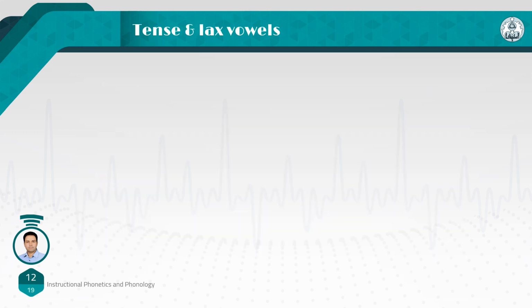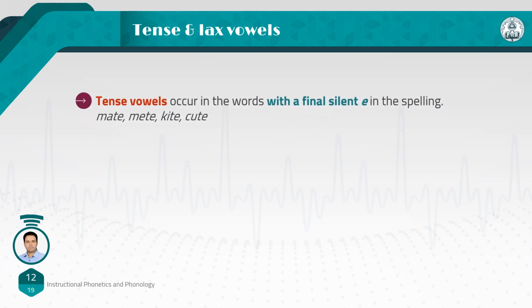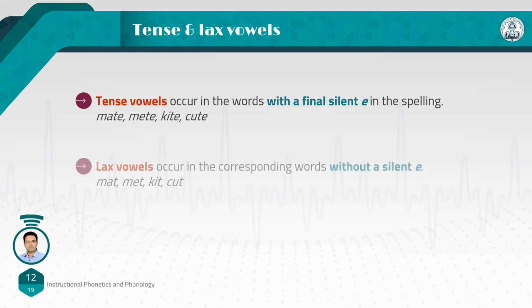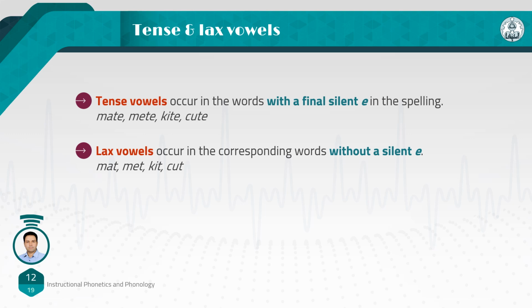Tense and lax vowels. Tense vowels occur in the words with a final silent E in the spelling, like, for example, mate, meet, kite, cute. Lax vowels occur in the corresponding words without a silent E. For example, mat, met, kit, cut.